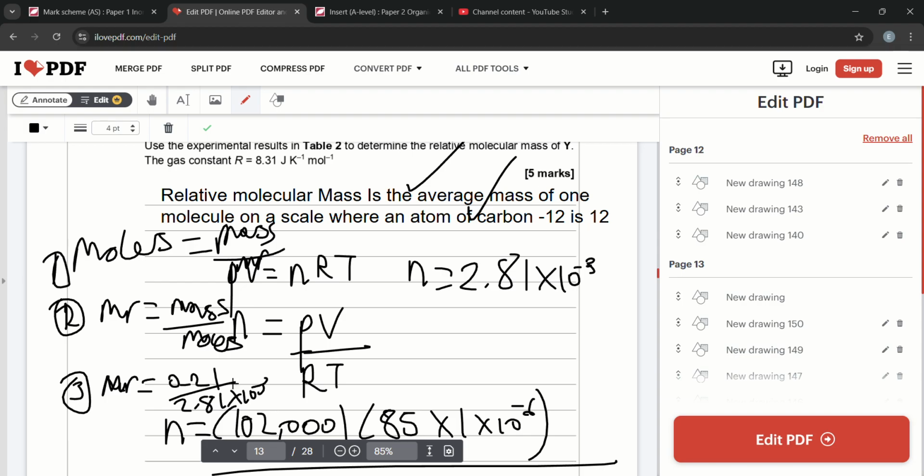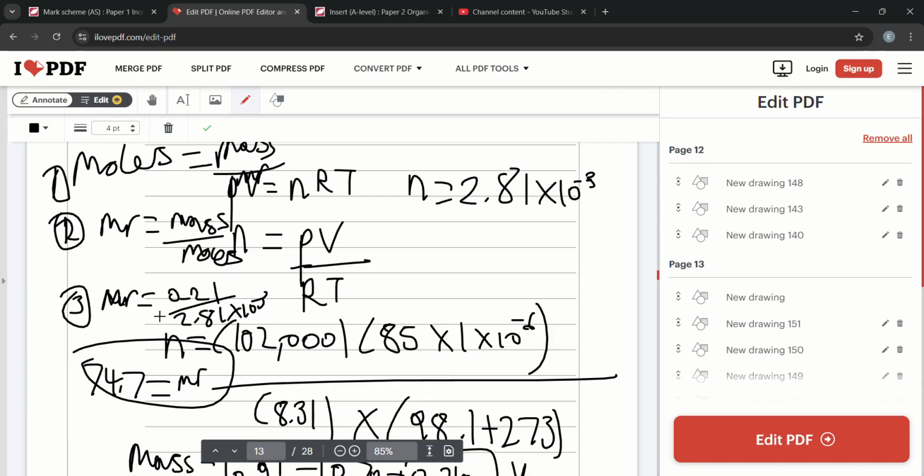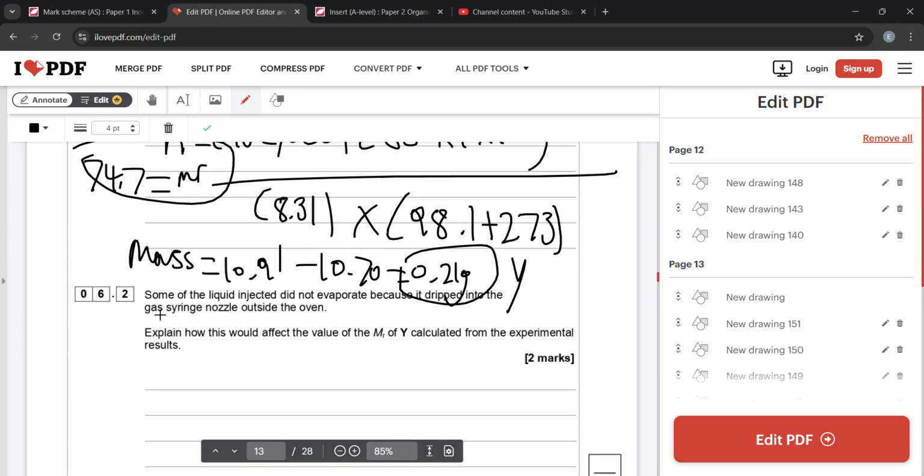That gives an Mr of 74.7. I wonder if you would allow 75, but 74.7 to 3 significant figures.